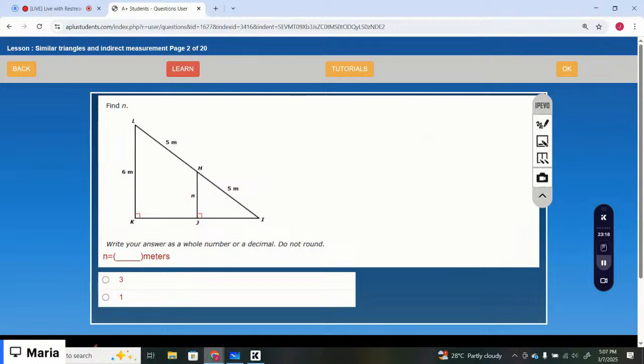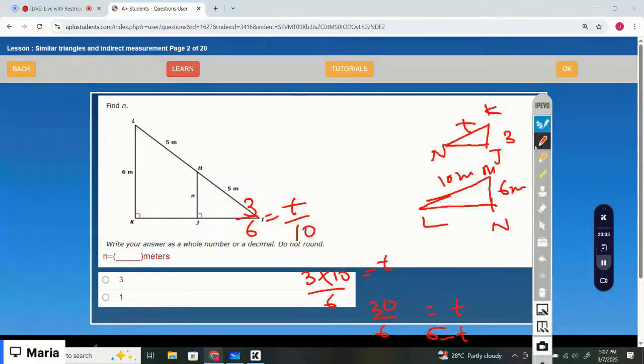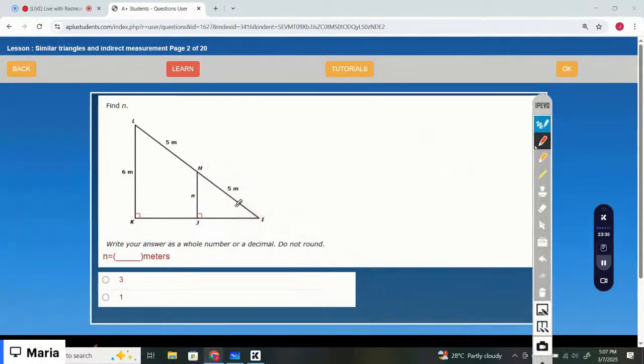Find n. So just make a proportion between their similar sides.